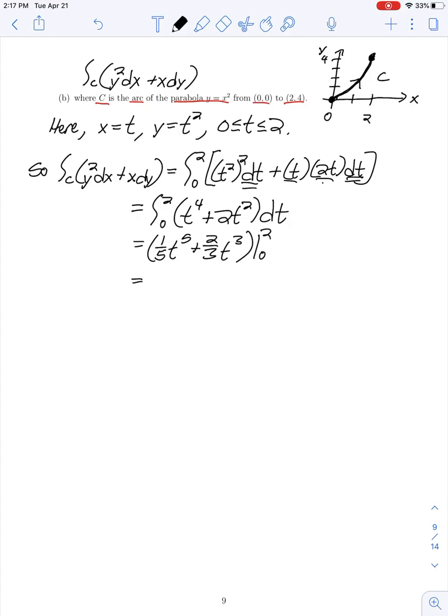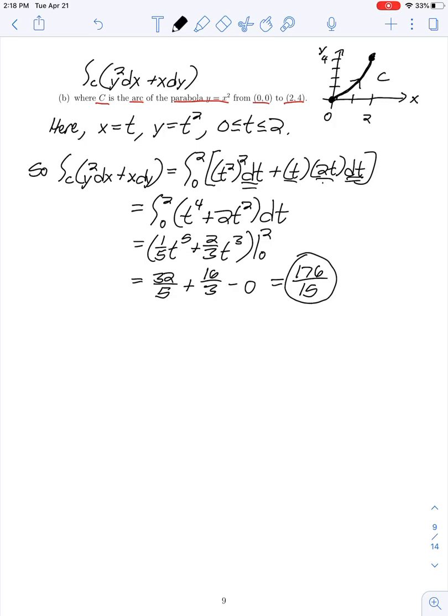So plugging in 2 for t, we have 32 over 5, plus 8 times 2/3 is 16/3, minus, when we plug in 0, we have 0. So we are left with 176 over 15.